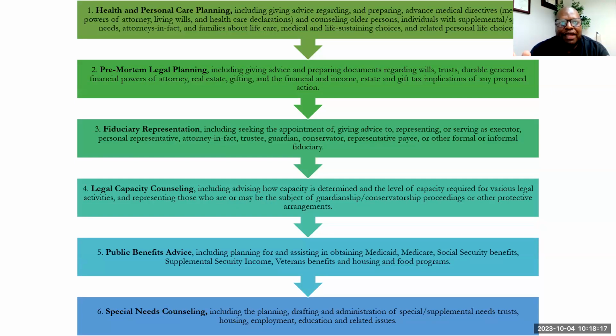So the first one, healthcare and personal planning. This is a lot of times with the advanced medical directives. Many of you may have done that. We talk about it in the sense of if you're not able to make a decision in the hospital, will someone be able to make a decision for you? If you have the document, you can name those individuals. You can name an agent.